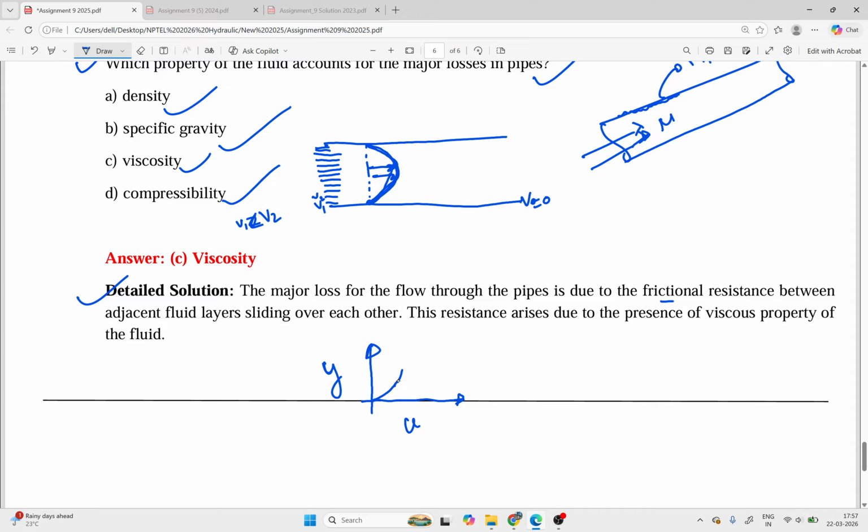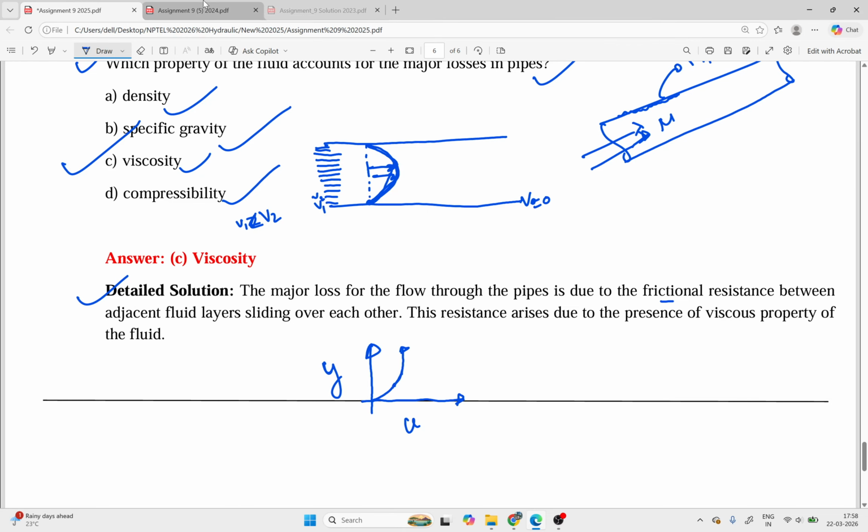After a certain distance, the variation is very, very less, because the effect of the wall, or of these low velocities, reduces as you move upward from the bed level, or the wall, to the middle range. Hope you understand. So the answer for this question, question number 10, is viscosity.